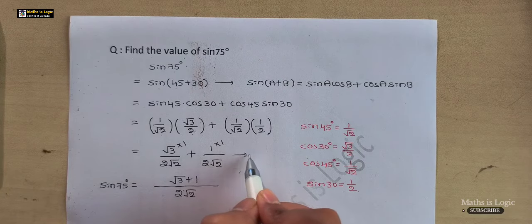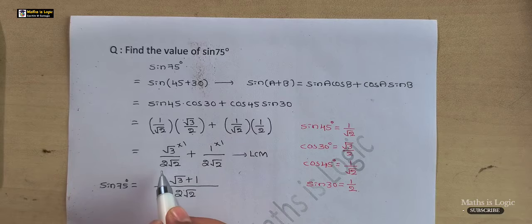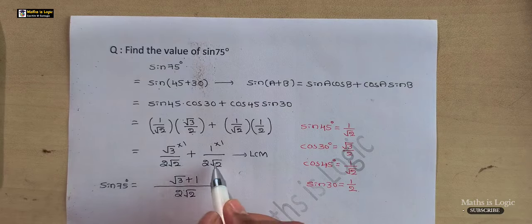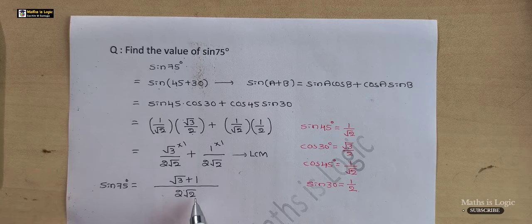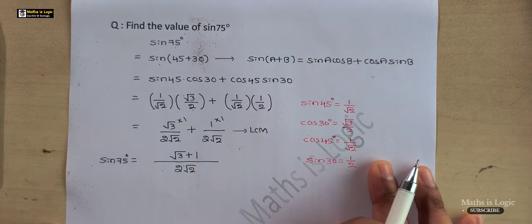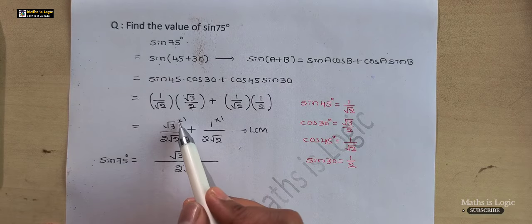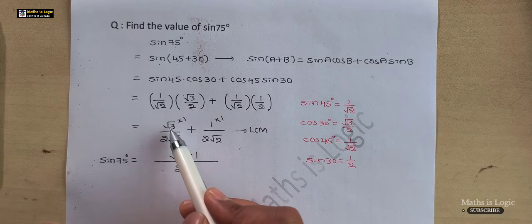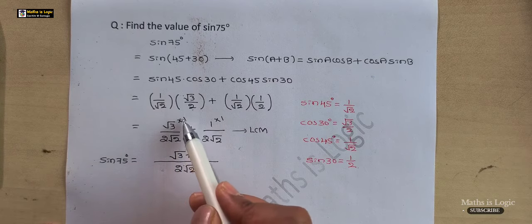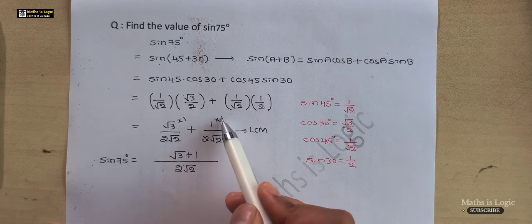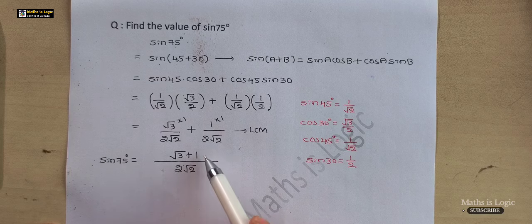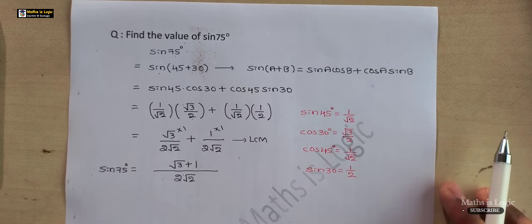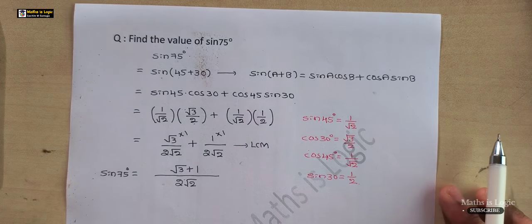After this, take the LCM. LCM remains the same because both the denominators are the same. 2 root 2 is the LCM. Therefore, multiply root 3 by 1 as well as 1 by 1. Next, multiply these two. Root 3 into 1 is root 3 plus 1 into 1 is 1. So root 3 plus 1 divided by 2 root 2. So this is the value of sin 75 degree.